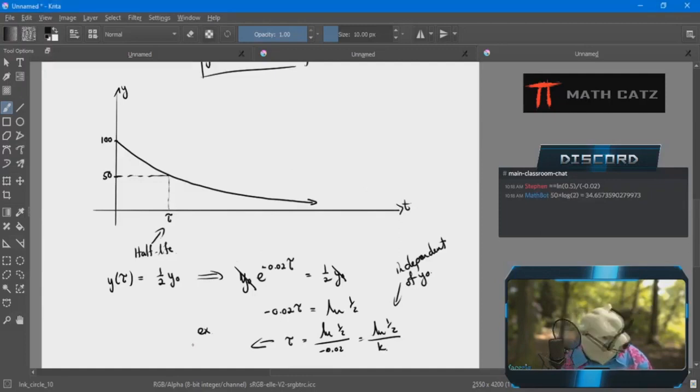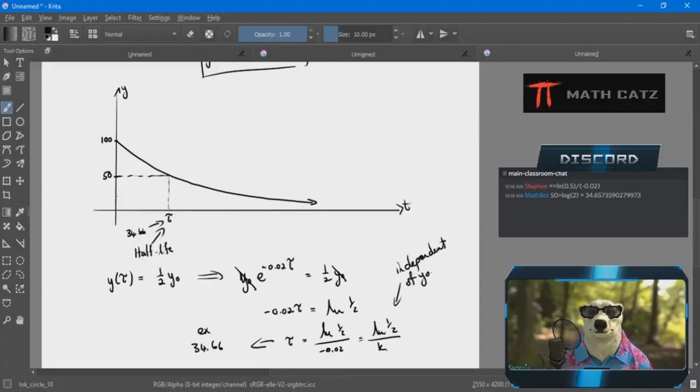And we get 34.66. Now I don't know what it is. It could be years, it could be months, who knows. So in this example, it's 34.66. Let's say years. The radioactive substance takes about 34.7 years to reach half of its original amount.